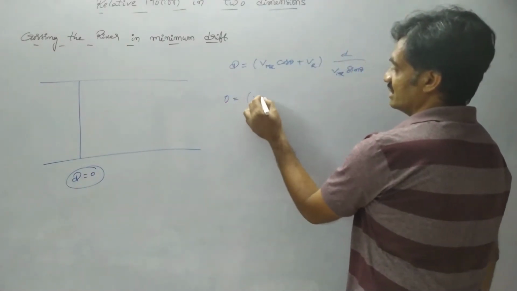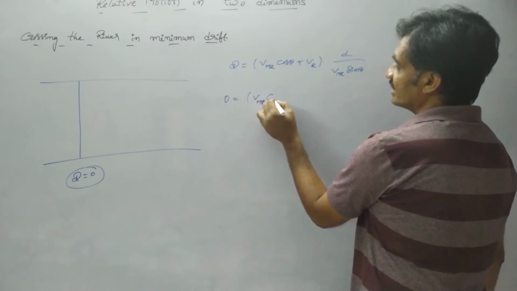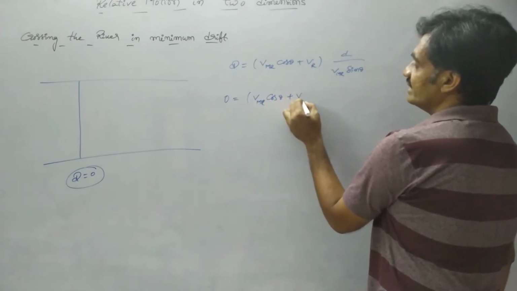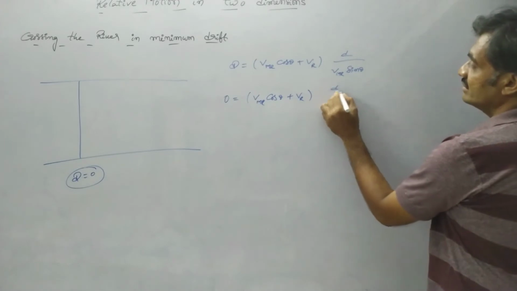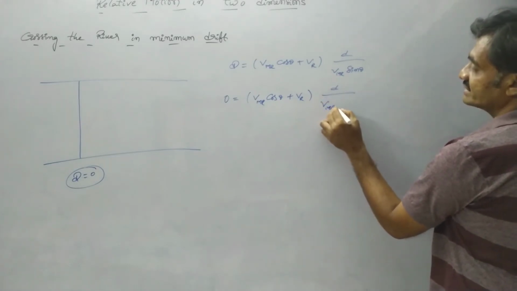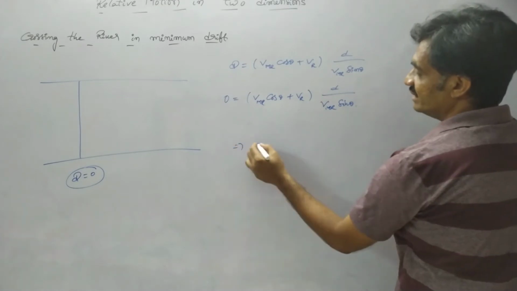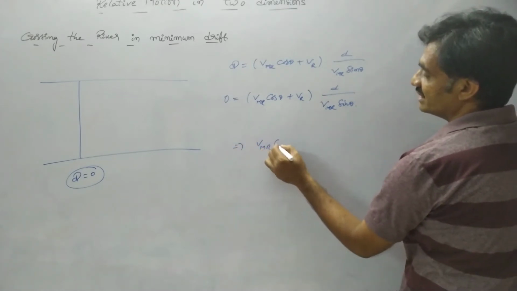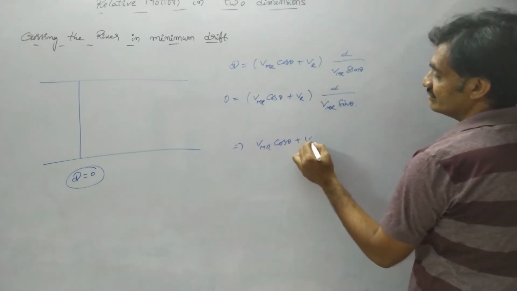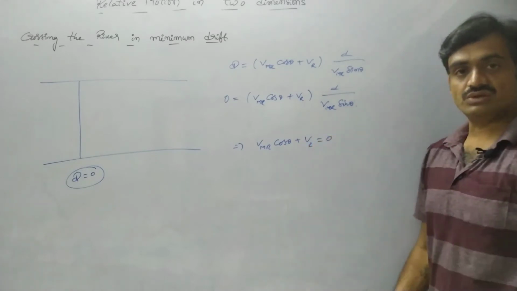0 is equal to v_mr cos theta plus v_r into d by v_mr sin theta. Based on that, we can say that v_mr cos theta plus v_r equals 0.